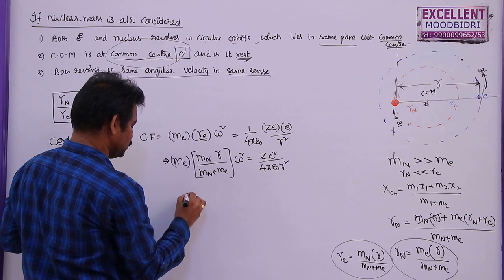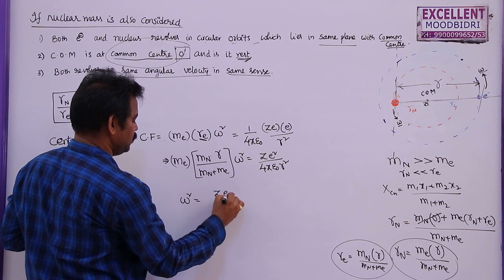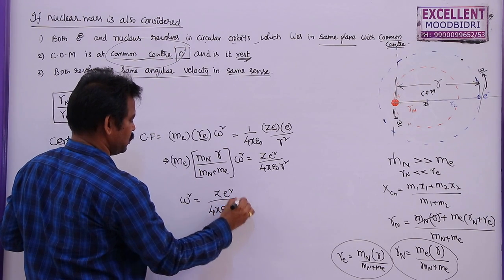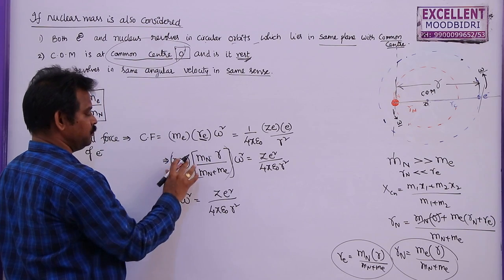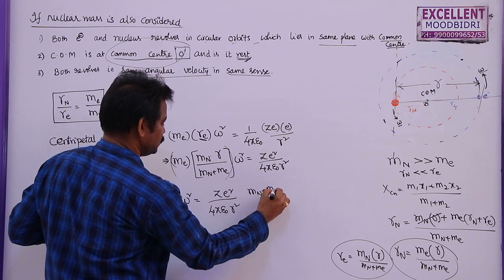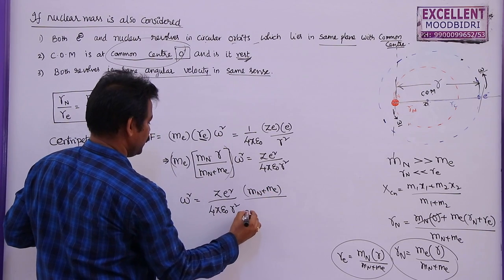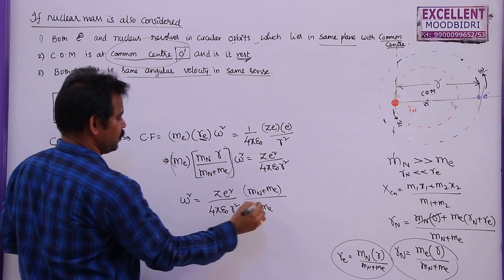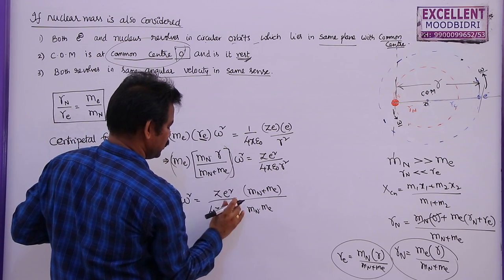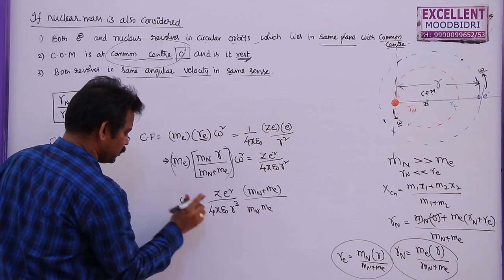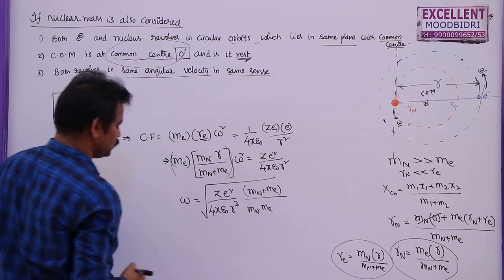So omega square is equal to Ze square by 4 pi epsilon naught R square, and if you bring the other terms to that side, this will become Mn plus Me by Me into Mn into R square, so you can write R cube here. So omega can be written as the square root of this.